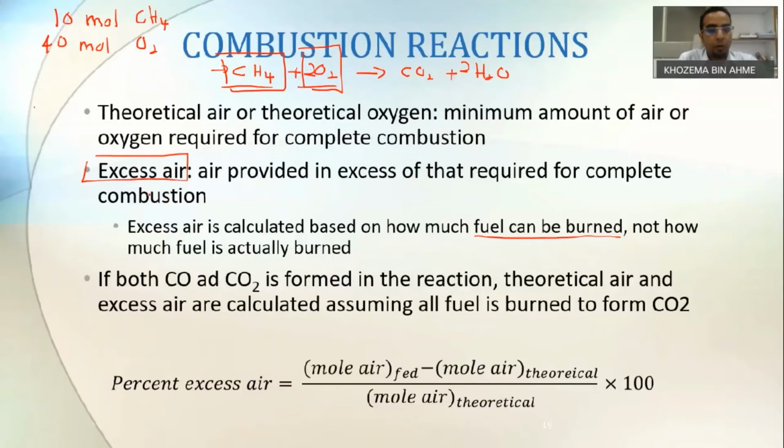But how much excess air you want to calculate is based on how much fuel can be burned. Meaning that even if I say that the conversion of my methane here is only 50%, meaning that only 50% of methane will be reacted.